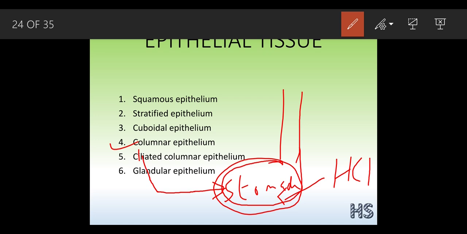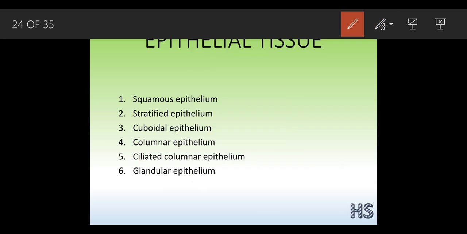Your stomach is going to get burst out, or there will be problems inside your stomach. So this columnar epithelium helps protect the inner lining, and the same applies to the intestine, meaning the small intestine and the large intestine.